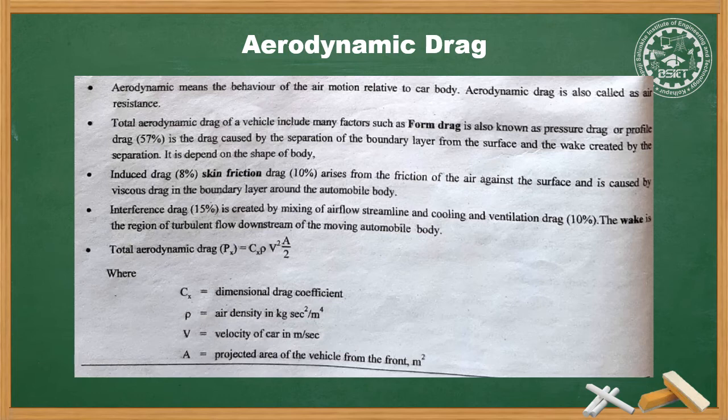Total aerodynamic drag is given by Px is equal to Cx into rho into V square into A upon 2, where Px is the aerodynamic drag, Cx is the dimensionless drag coefficient, rho is the air density in kg second square per meter to the fourth, V is the velocity of the car in meter per second, and A is the projected area of the vehicle from the front in meter square.